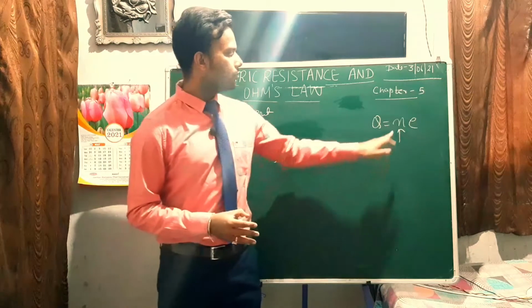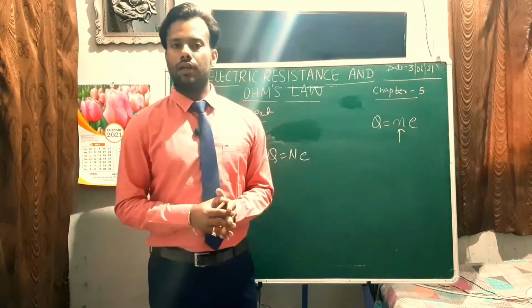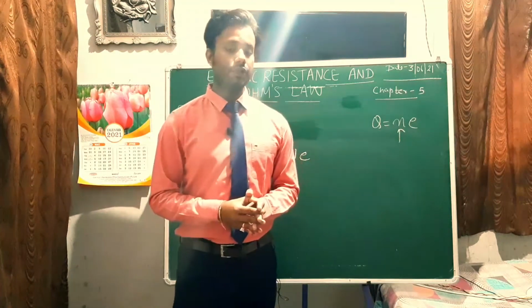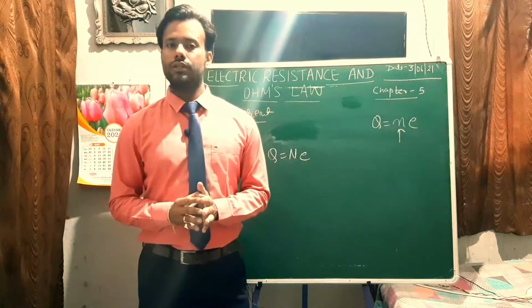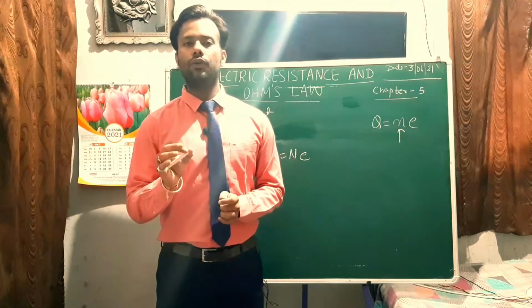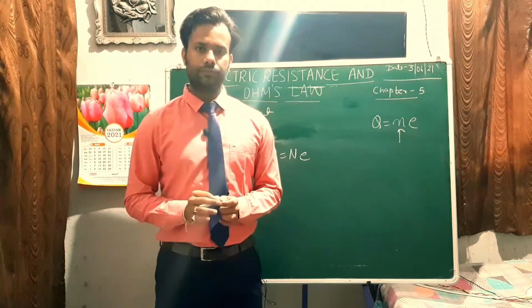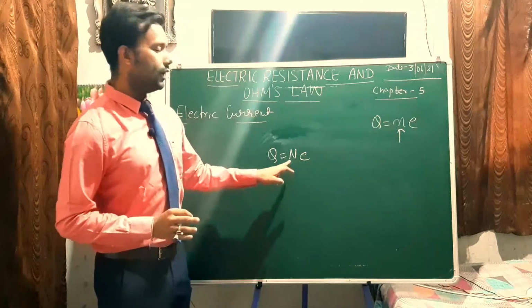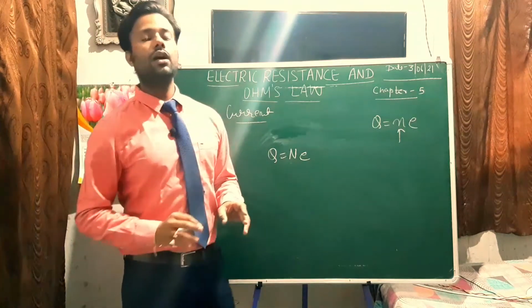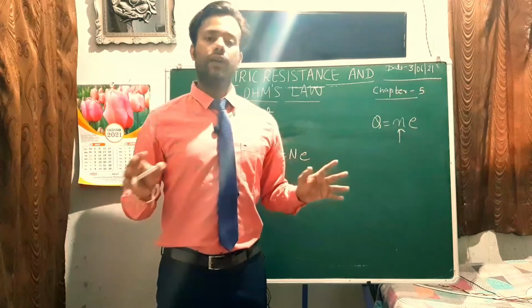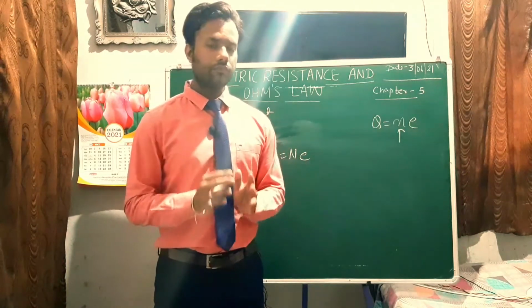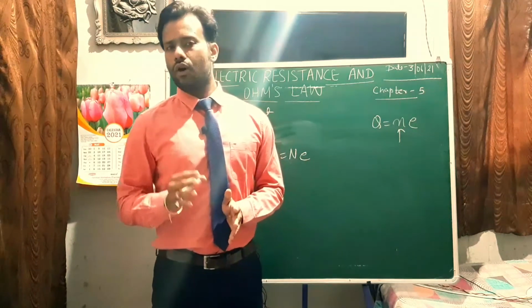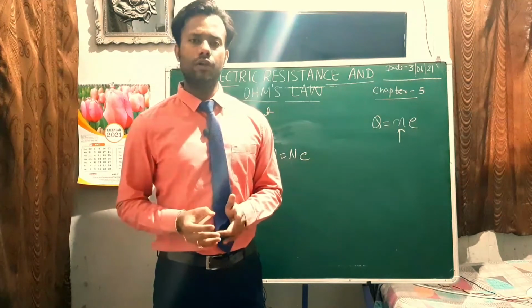When we write small n, that means we are talking about the number density, which means the number of electrons in a particular unit of volume. And when we write capital N, it means we are talking about the total number of electrons, not limited to a particular volume.